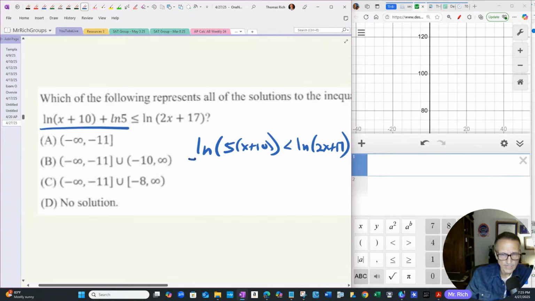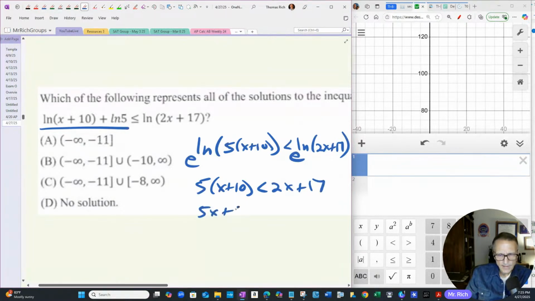Now, I would exponentiate on both sides. We can drop the log, and we have 5 times x plus 10 is less than 2x plus 17. We'll distribute the 5, less than 2x plus 17.